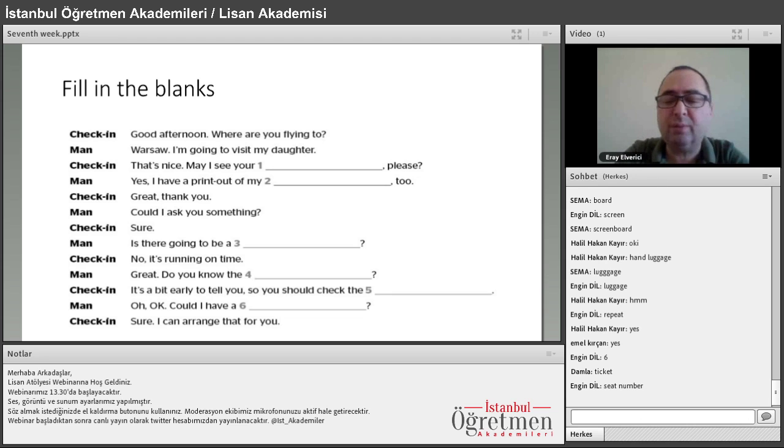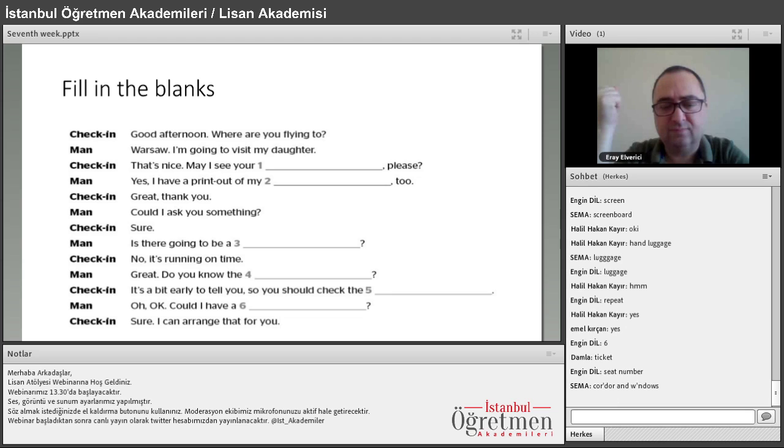So if you're talking about the seat number, what do you just keep in mind? Okay, is number 10 enough? Is number 11 enough? Or you just choose something? Yeah, corridor or windows. Very good.